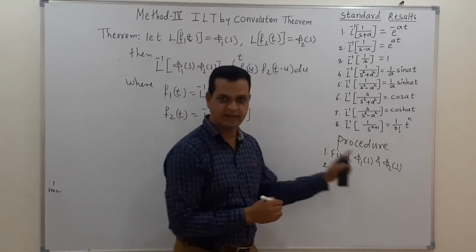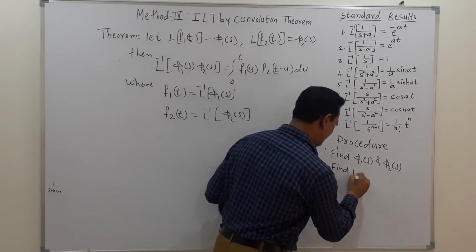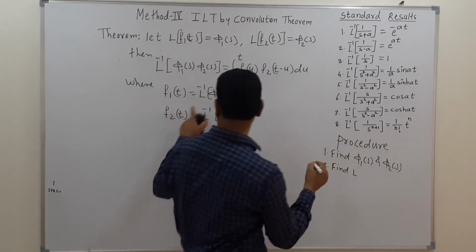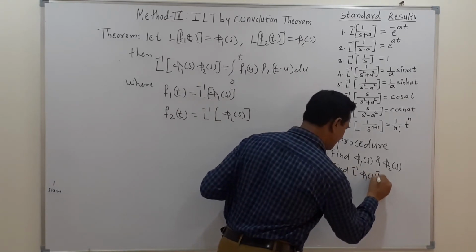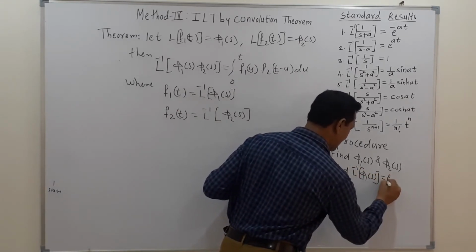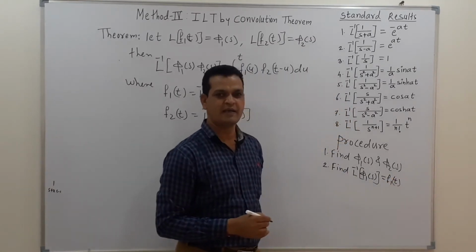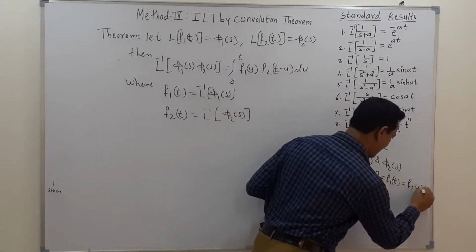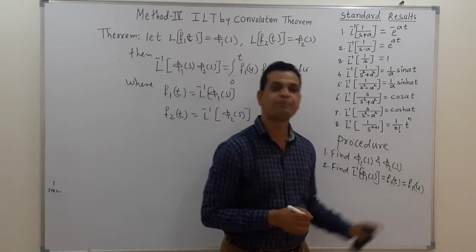After taking the two values, the second step is to find the inverse Laplace transformation of phi 1 of s, and we denote it by f1 of t, which is also f1 of u. That means replace t by u.